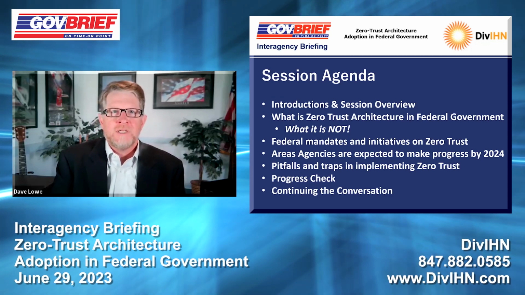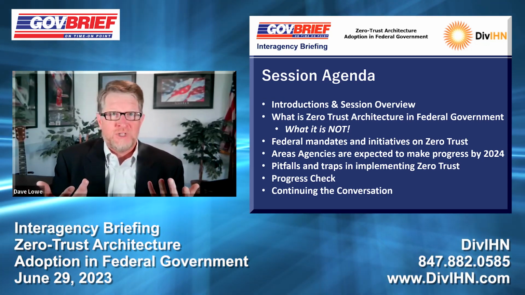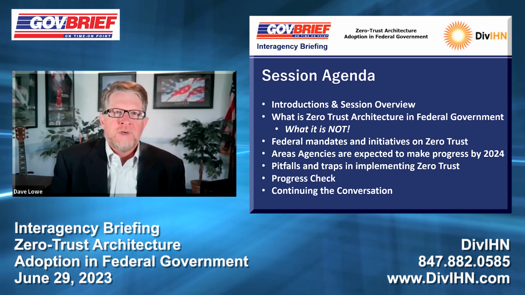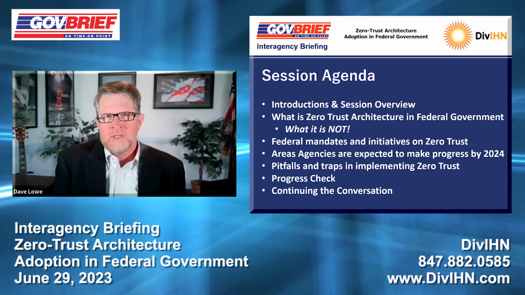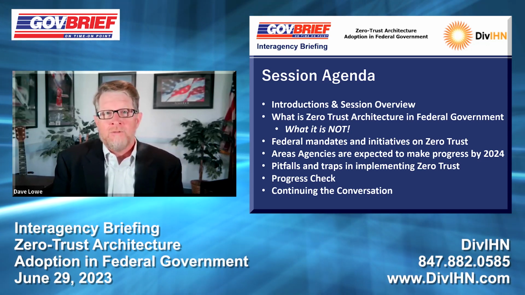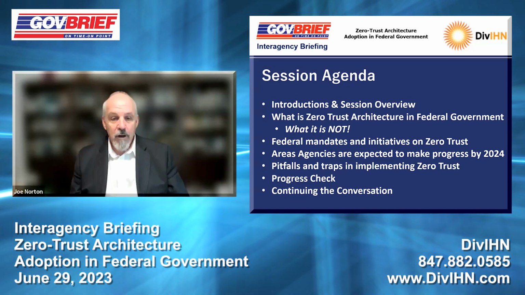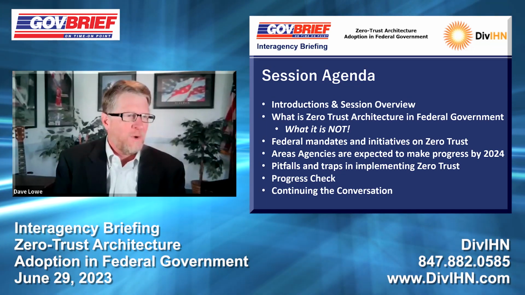And every once in a while, we might find some issues, right, Joe? And some of the things that are going to get in the way. So we'll talk about a progress check, and ultimately we're going to be continuing the conversation, because I don't know that we can solve everything in the next hour, right, Joe? But we can at least get the conversation started. We'll know what the problem space is. We'll know what the opportunity space is. That would be correct.